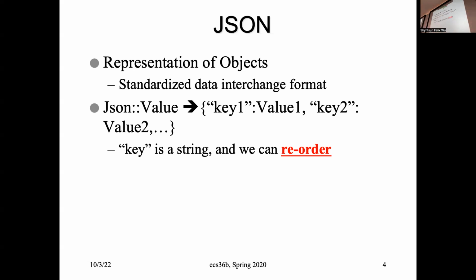JSON is another way for us to represent an object, and I will call this representation universal. Universal means that for any object-oriented language, I can use JSON to represent its objects. You have a C++ object, I can represent it using JSON. If you have a Java, Python, or Ruby object, whatever object-oriented language you have, I can represent your object using JSON.